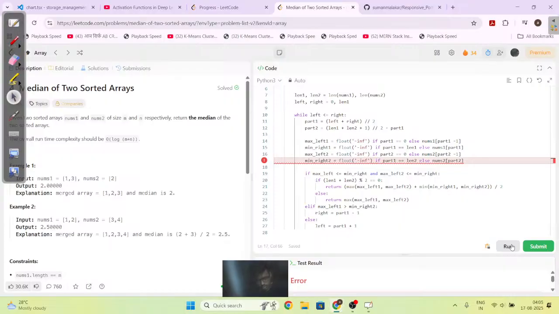Float in part 2 was given, right, and right 2. Like we go to run the code.